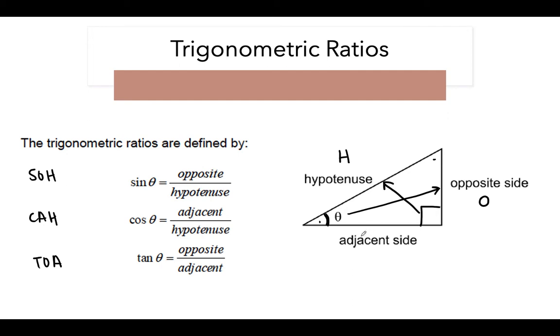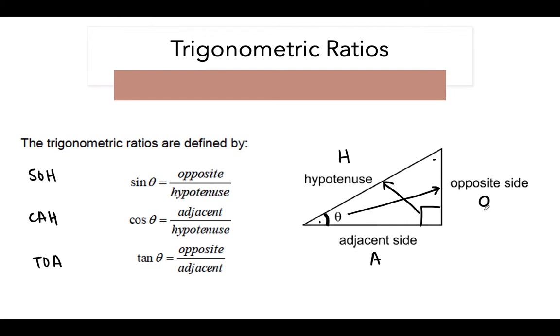And lastly, the side that is right beside the angle is the adjacent side. You may wonder, there are two sides that are touching the angle. Well, you have to keep in mind, the other side will always be the hypotenuse, which is the longest length, and the remaining one will be adjacent.